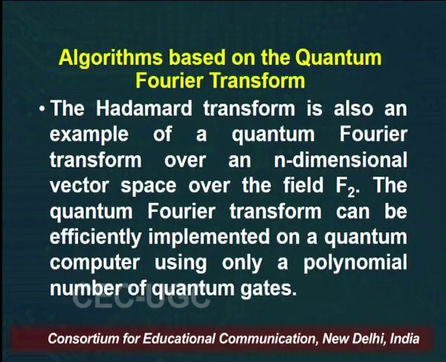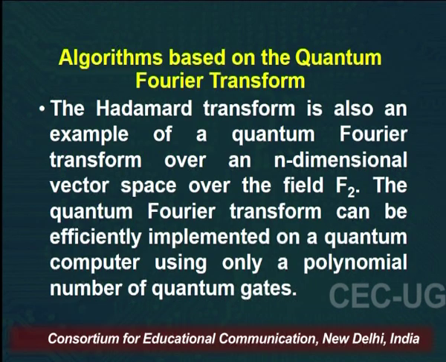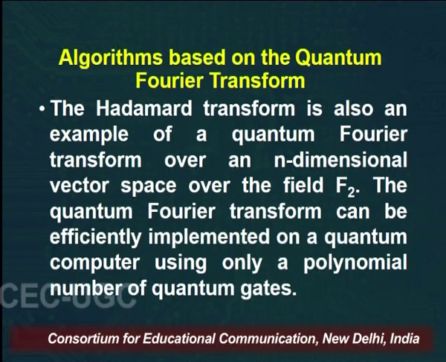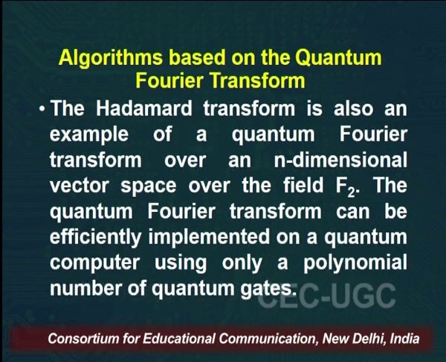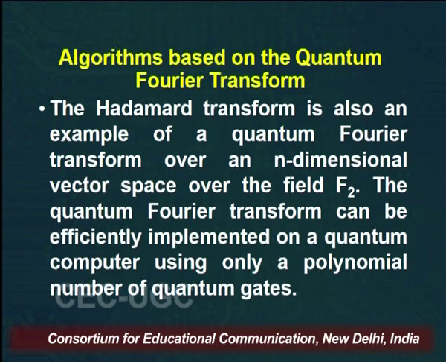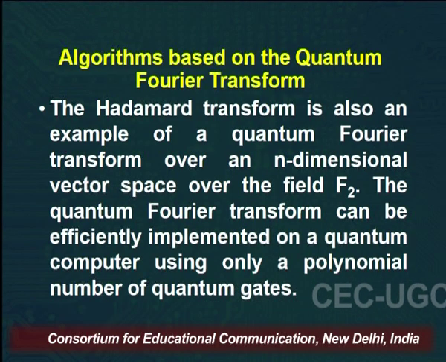Moreover, the Hadamard transform is also an example of the quantum Fourier transform over an n-dimensional vector space over the field. The quantum Fourier transform can be efficiently implemented on a quantum computer using only a polynomial number of quantum gates.